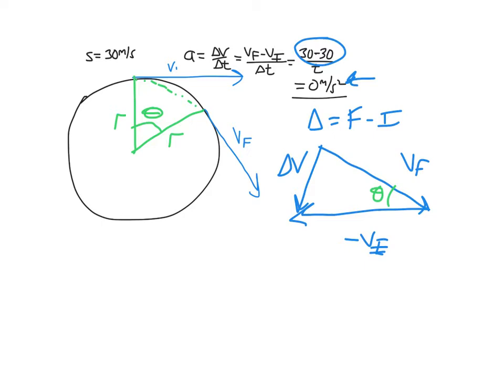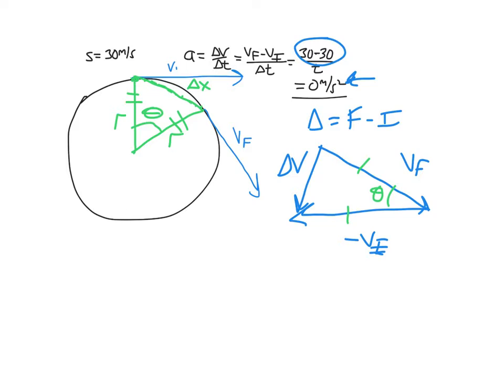Since that is where the object started and where it ended, the straight line from where an object starts to where it ends is known as delta x. If we look at these two triangles, we can see that they each have congruent legs, or legs that are equal and an angle in between.